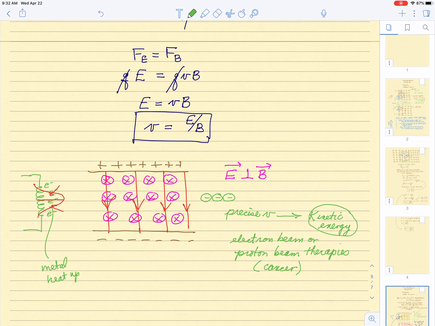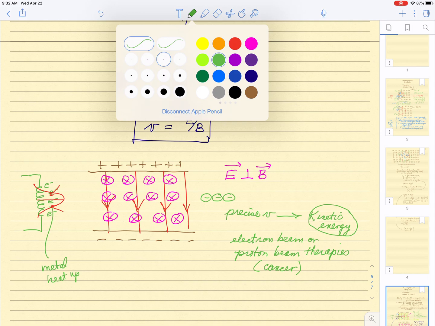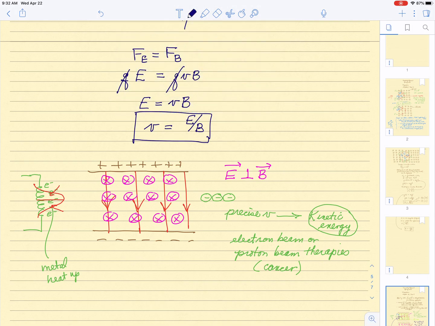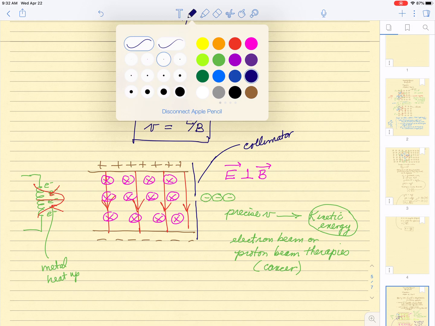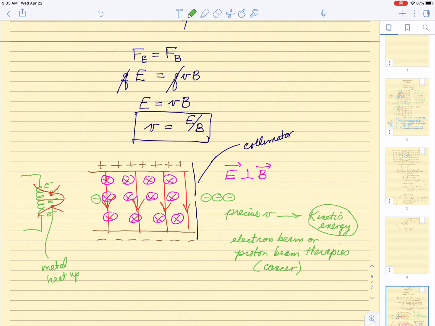And so one can imagine that one can send this distribution of electrons through these crossed electric and magnetic fields. One can put a shutter down here with a really narrow hole. This is sometimes called a collimator, since it collimates the beam. And so electrons are going to enter, and since they have a distribution of speeds, some will be affected more by electric fields.